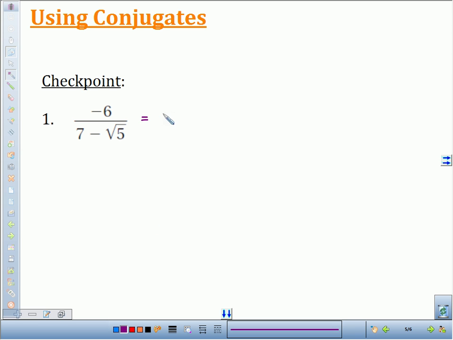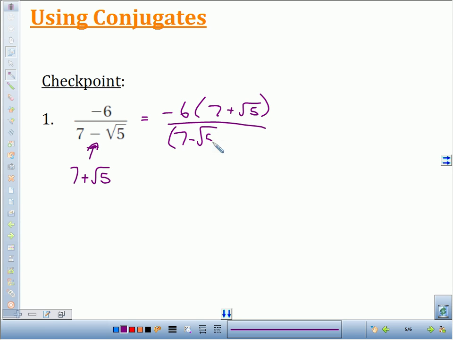So we have negative 6 times 7 plus the square root of 5 on the top. On the bottom, we multiply the original expression by its conjugate, and we get 7 minus the square root of 5 times 7 plus the square root of 5.